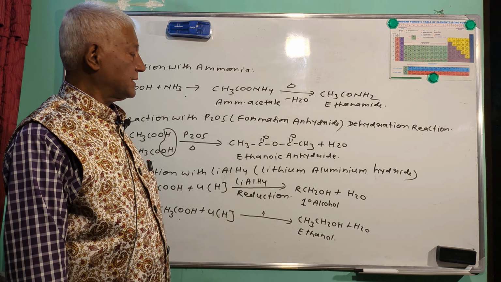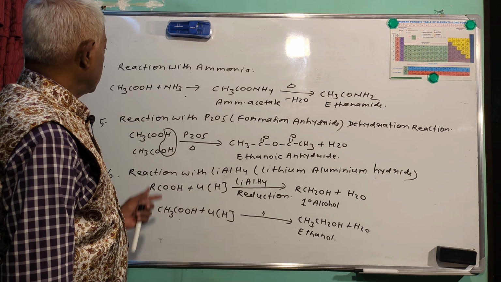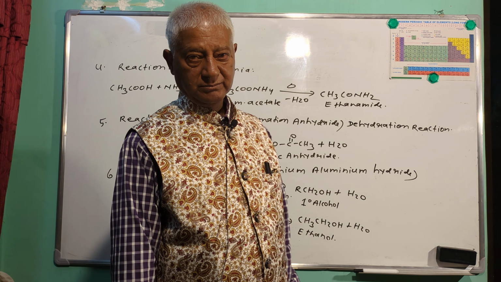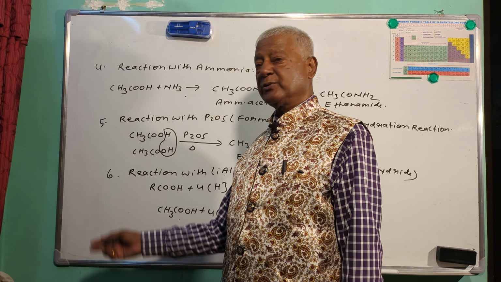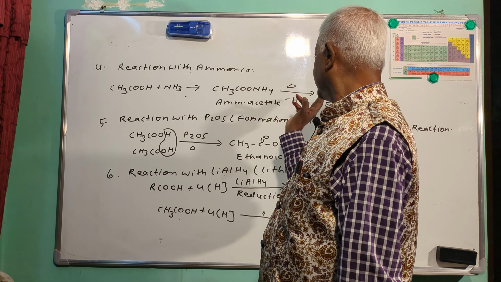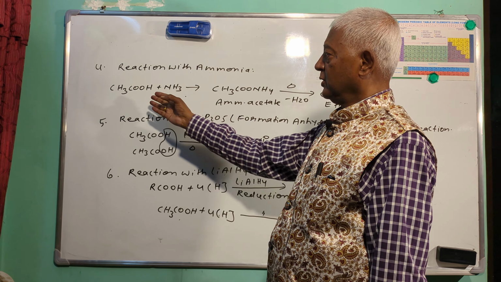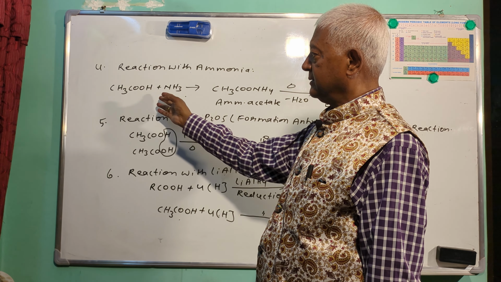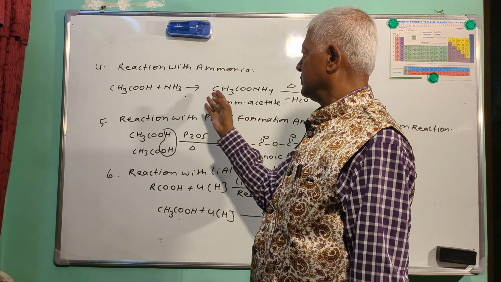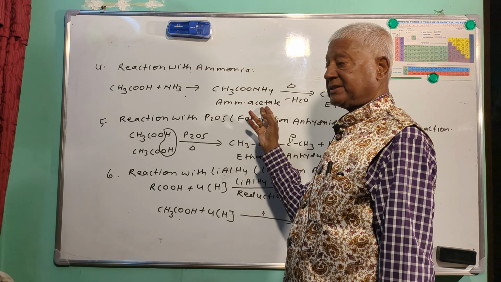Now look at the next important properties. Reaction with ammonia. Sometimes you are asked how to convert ethanoic acid to ethanamide. That is a very important reaction. When it is treated with ammonia, which is basic in nature, at first you get ammonium acetate.